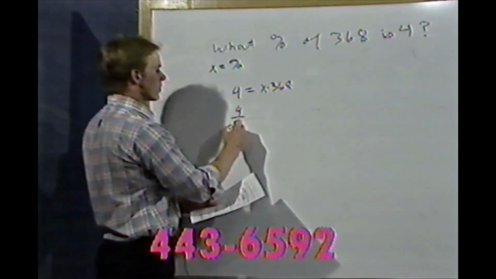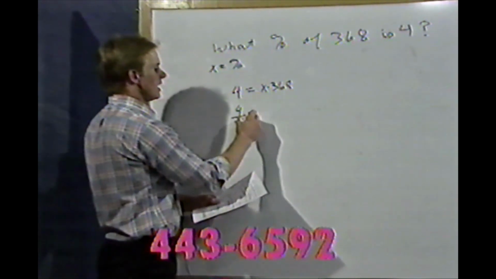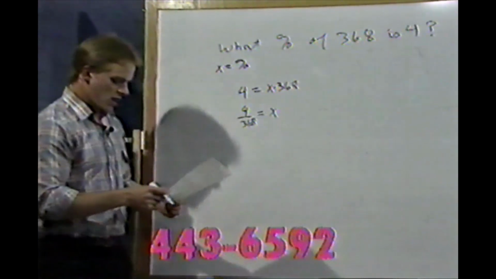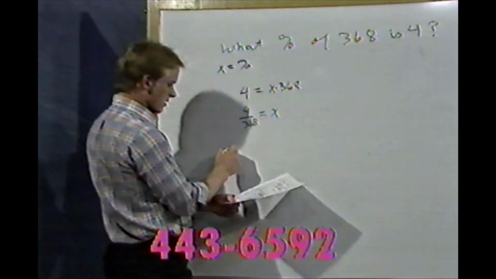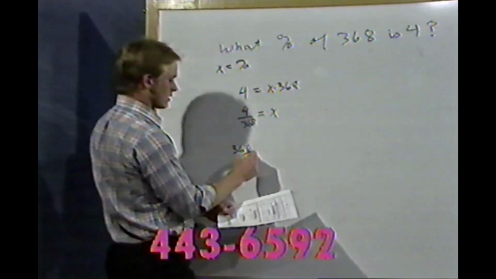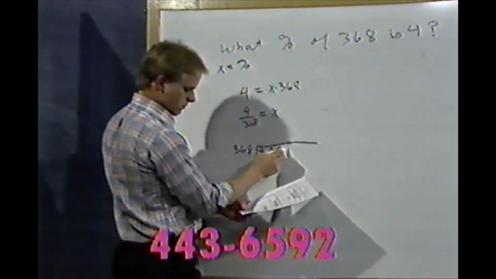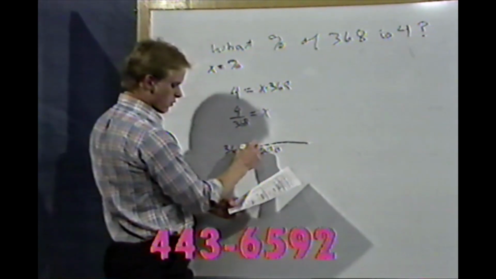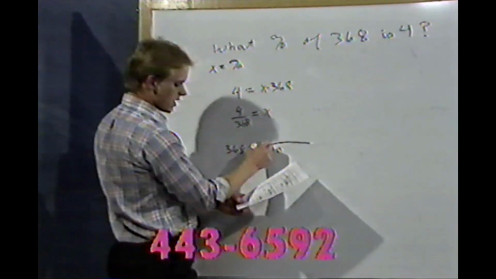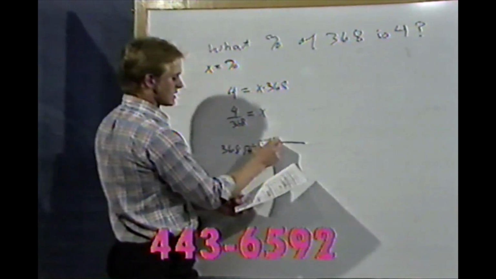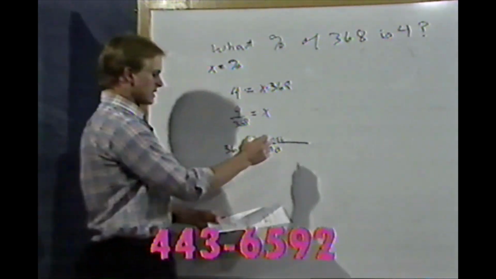You get 4 over 368 equals the percentage. Once this is multiplied out, 368 divided into 4, the answer is 0.01086. And this is the answer.